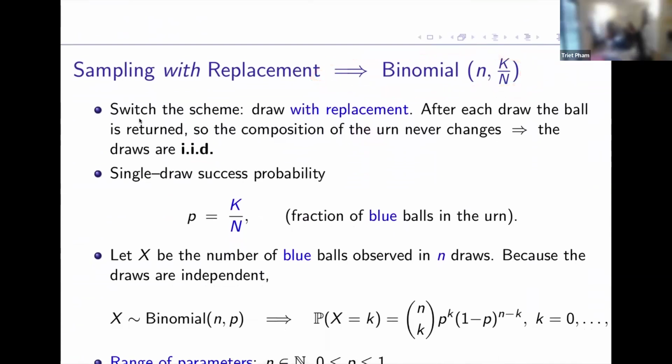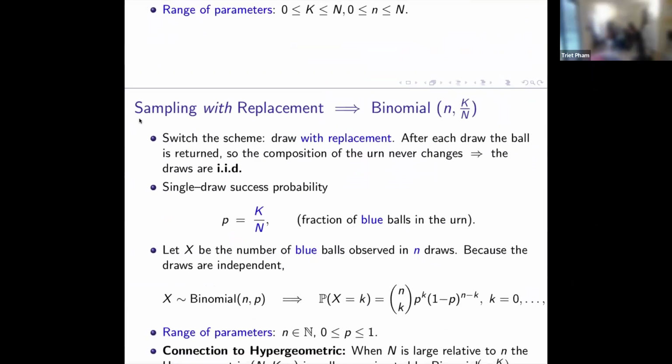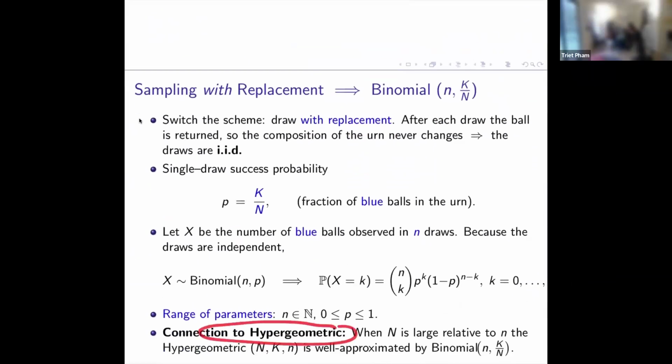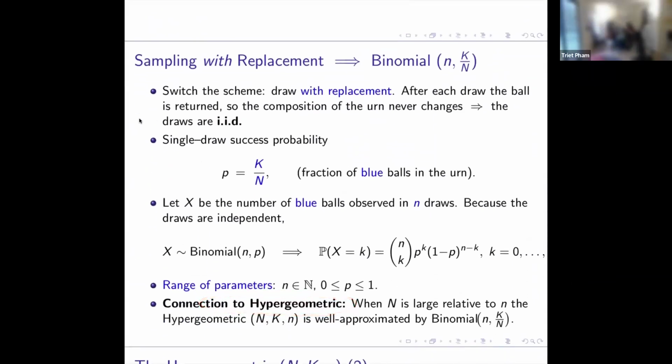That is, if we tell the same story, but just change the words without replacement to with replacement, then the distribution, instead of being the hypergeometric, will become a binomial. So that's why you want to pay attention to the hypergeometric as a dependent example right next to the binomial.